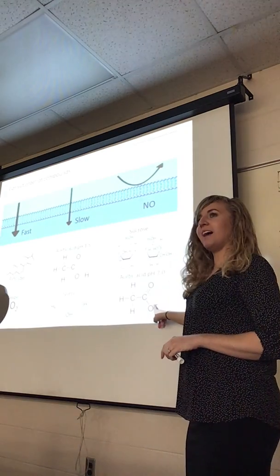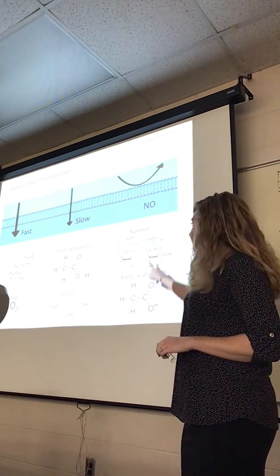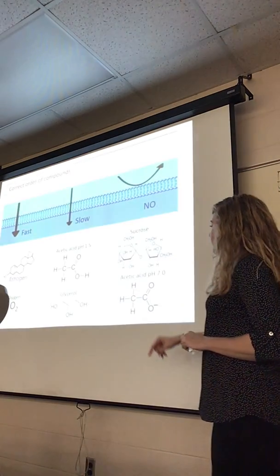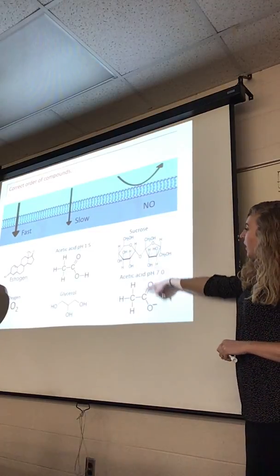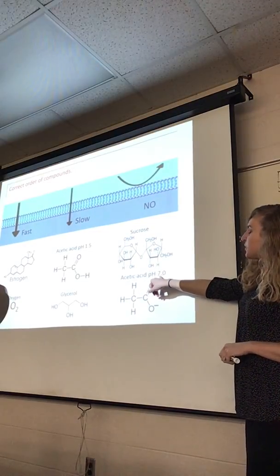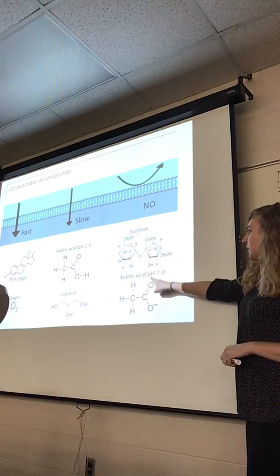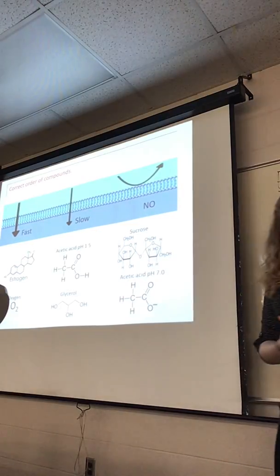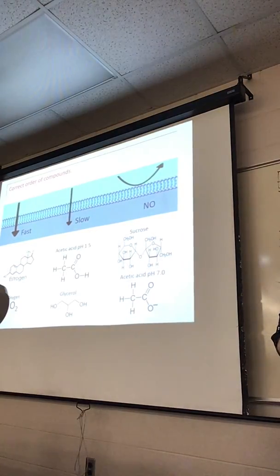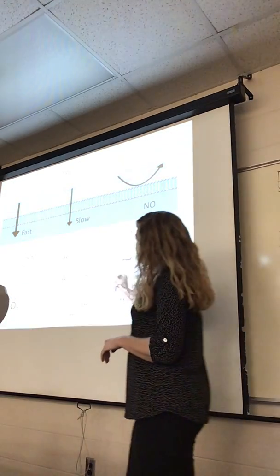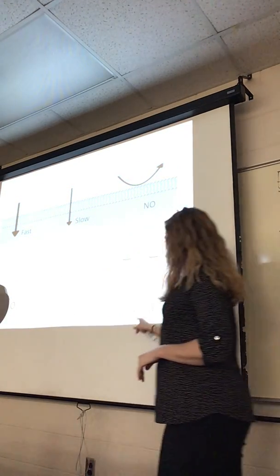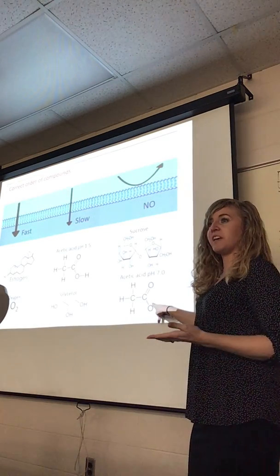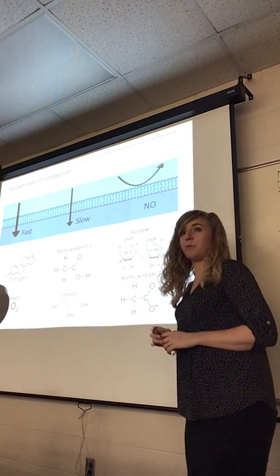So anytime you see that, it would have to have an ion channel. So sucrose and acetic acid at pH 7 would not come through there. Now, would I ever show you something without showing you a molecule and say this at a pH of blah, blah, blah, would it come through? No, because that would be really, really hard for you to see. But the point of this was just so you could see this is a small polar molecule and then compare it to this, but this has a charge. Charges don't come through. Okay?